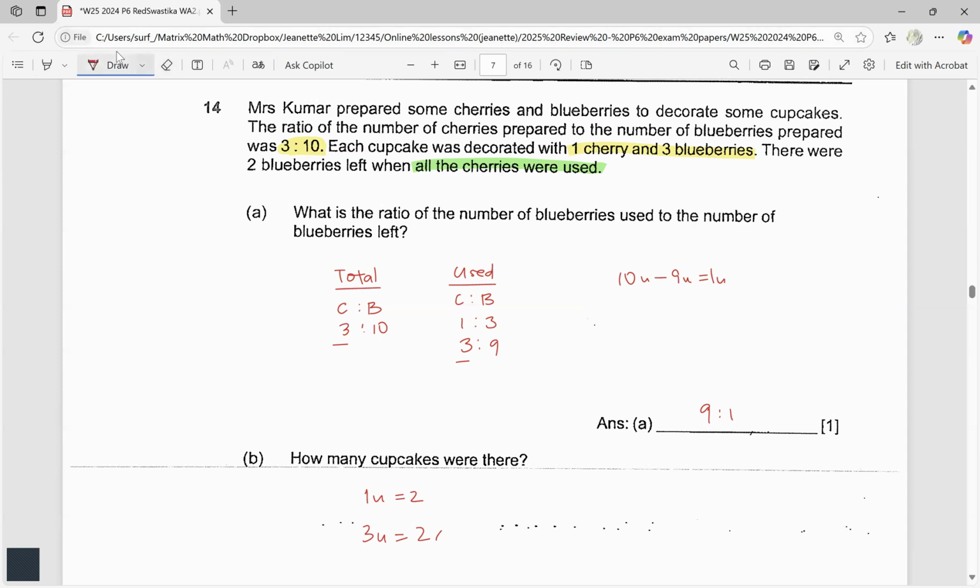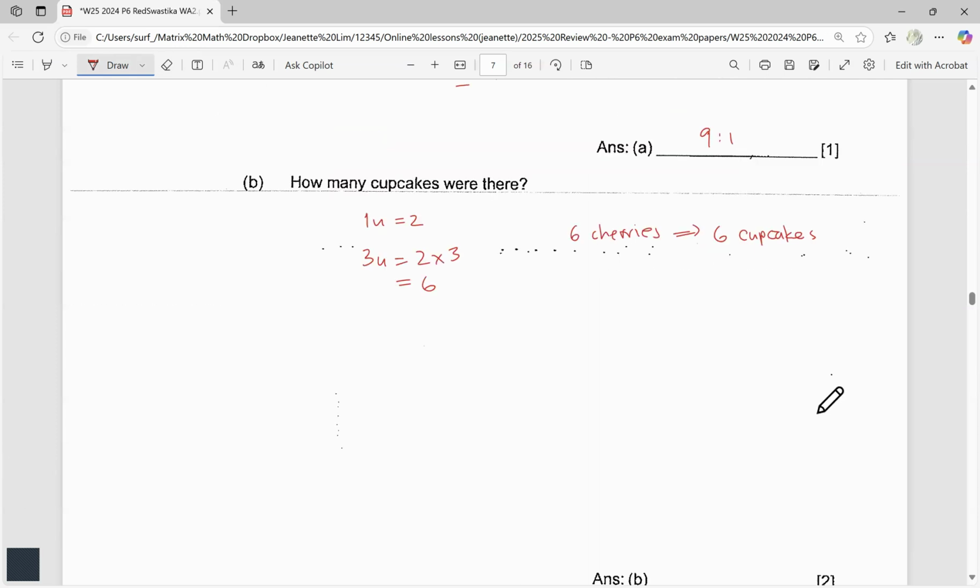3 units is 2 times 3, which is 6. Okay, so 6 cherries means that there are 6 cupcakes. So the answer is 6 cupcakes.